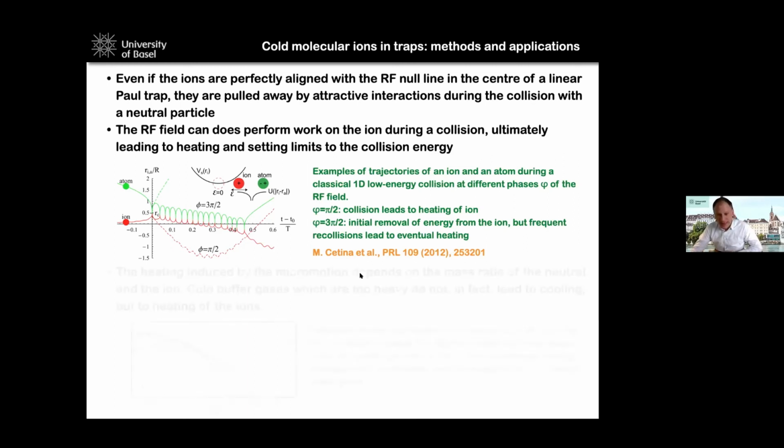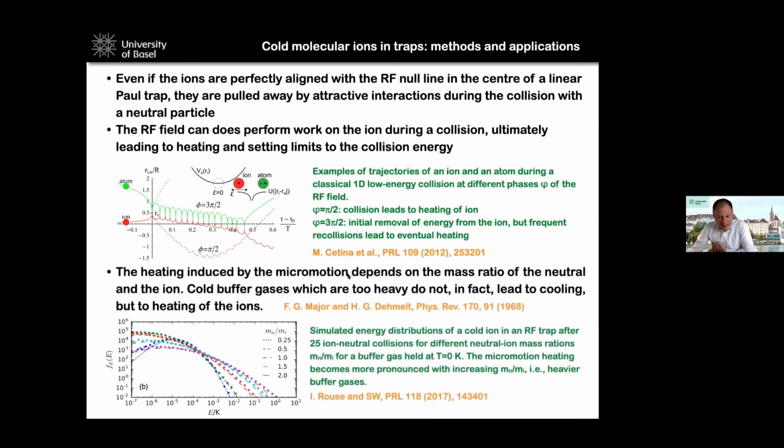It has first been discussed in this paper, and it actually goes back to problems that have been known for a very long time. Namely, that this micromotion heating, or the degree of heating by this micromotion, also depends on the mass ratio of the buffer gas to the ion.